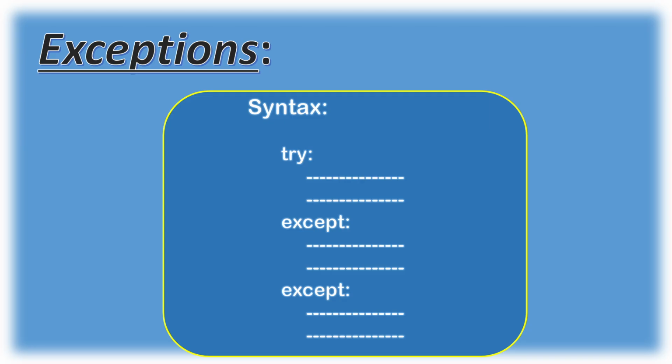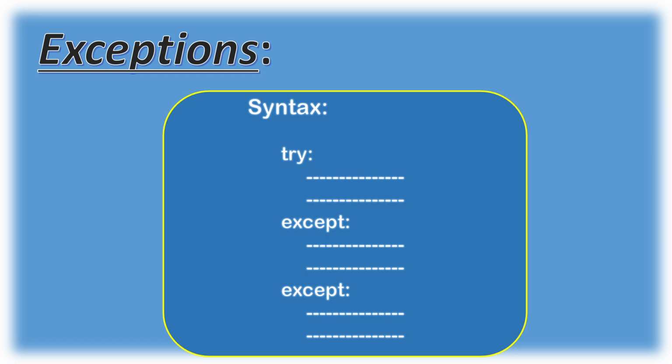Similarly, in the next line we need to specify except with a colon, and then in the new line one tab space should be there, then the statement. And as you can see in the diagram, one try block can have multiple except blocks.